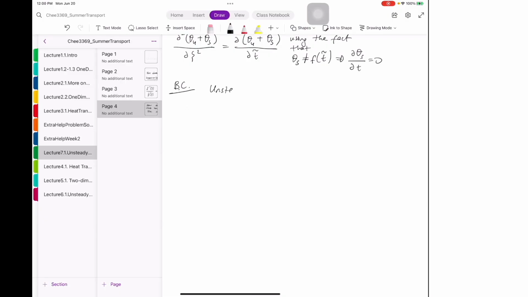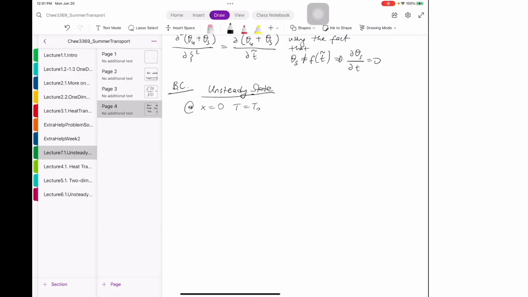The unsteady state one gives us at x is equal to 0, T is equal to T0, right? And for steady state, at x is equal to 0, T is equal to TL prime minus TL. At x is equal to L, T is equal to TL for the unsteady one, and at x is equal to L, T is equal to 0 for the steady one.